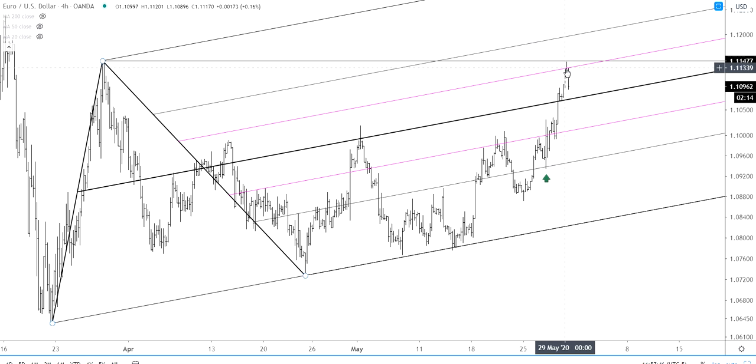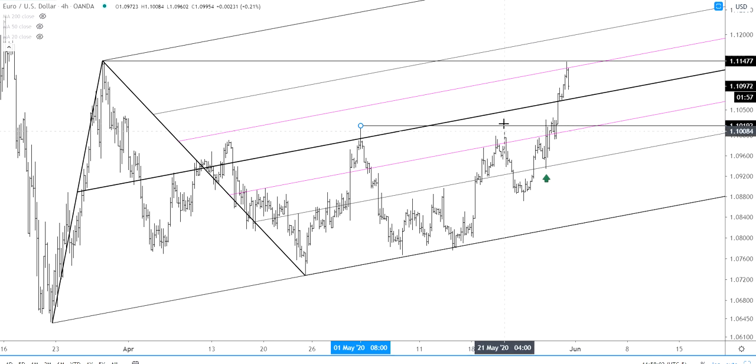So what you're looking for here is, again, the concept of symmetry: a line equidistant from the center line. The same distance from here to here, but down here. And that's going to actually get you in line as well with these horizontal levels right here. This gives you a level to look for support if we get down there, and that's going to be 110.10, 110.20.